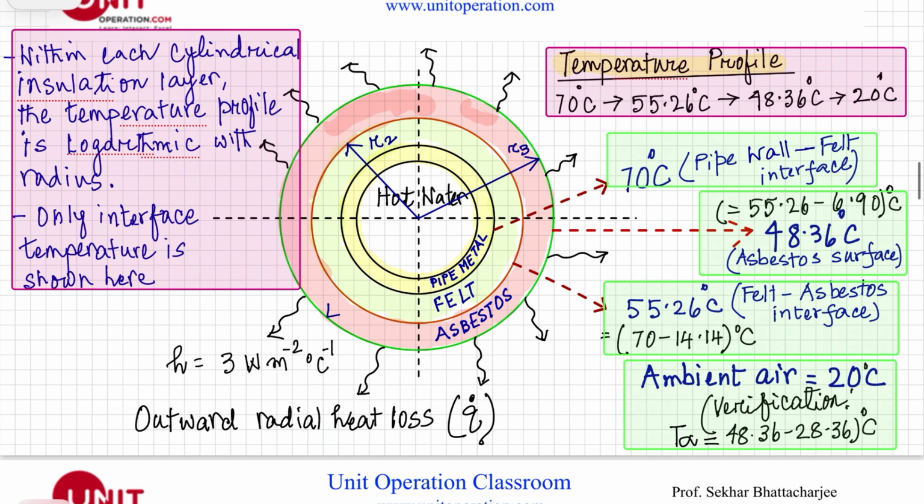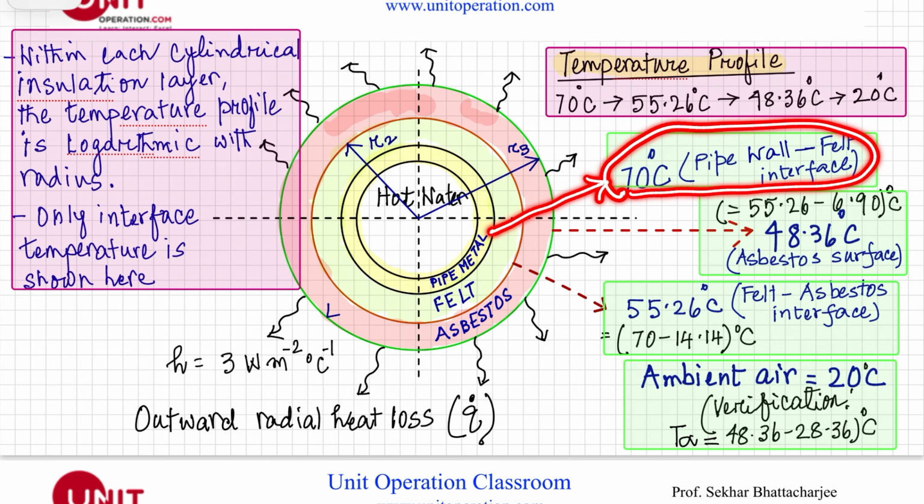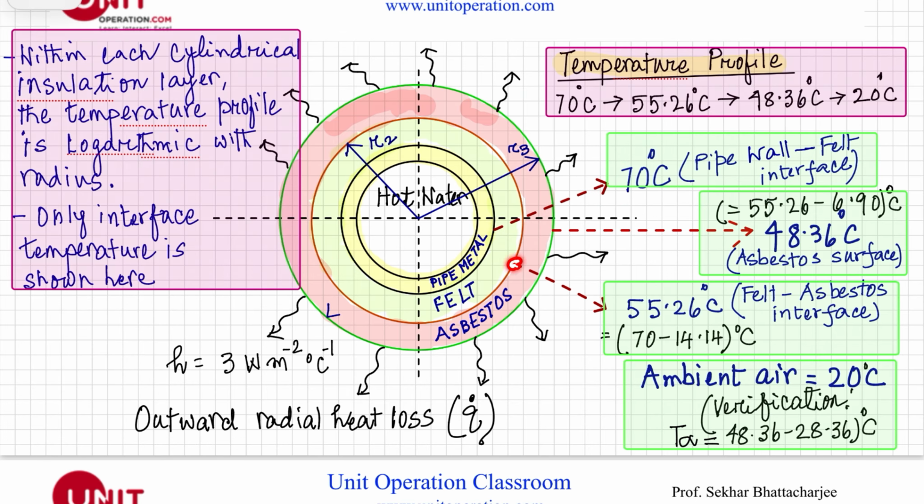Just to show it diagrammatically, this is my 70 degrees Celsius temperature at the felt interface. On this felt, it would be 70 minus 14.14, the delta T we have calculated, so 55.26 degrees Celsius would be here. This is 70, this is 55.26. Similarly, we can calculate the value for the asbestos.